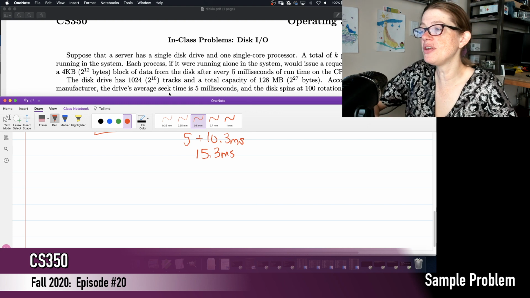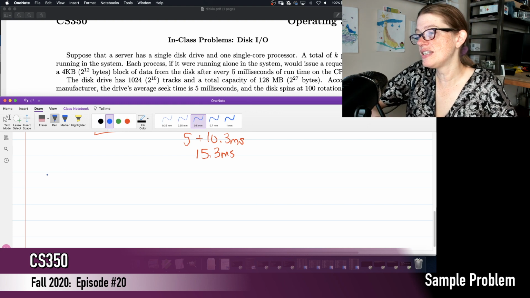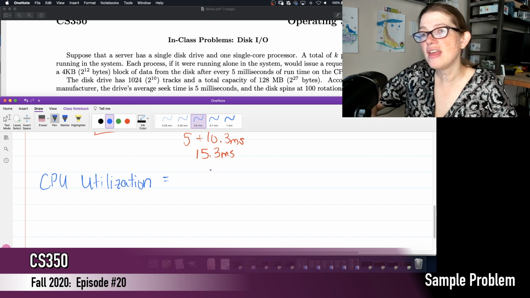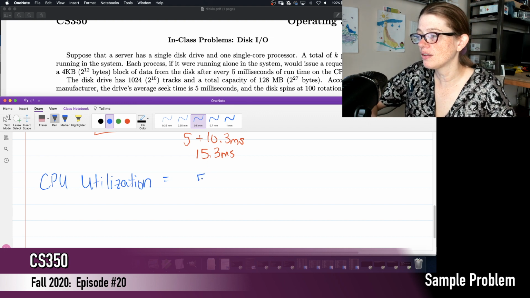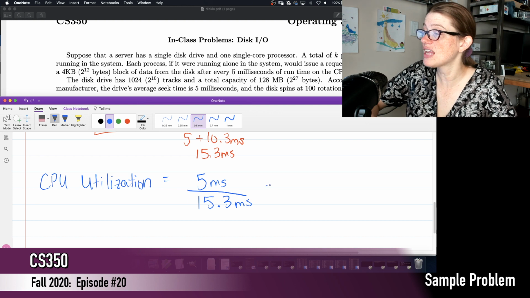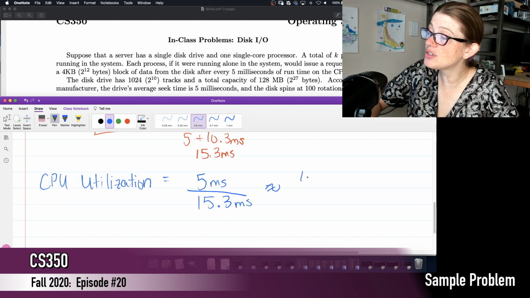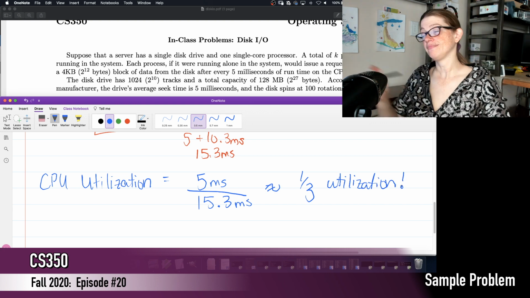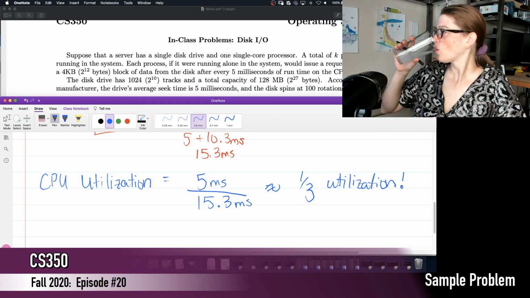So to compute our CPU utilization here, CPU utilization is equal to the amount of time we are computing divided by the total unit of time that we have, which is 15.3 milliseconds. So we're getting about 1/3 utilization. You can leave it approximate here.